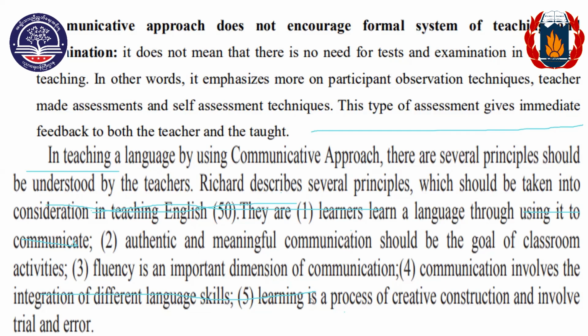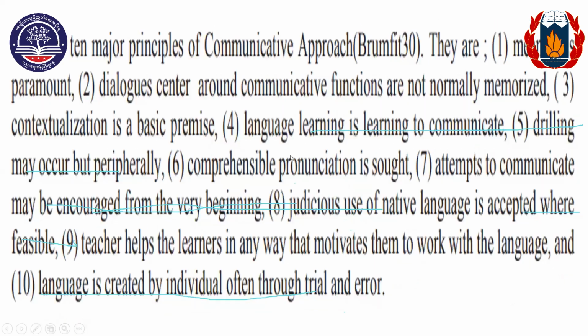So these are some principles developed by Richards. According to Brumfit, there are also other principles. Meaning is paramount. Meaning means being understood by the speaker and by the listener. Meaning is the most important according to Brumfit.